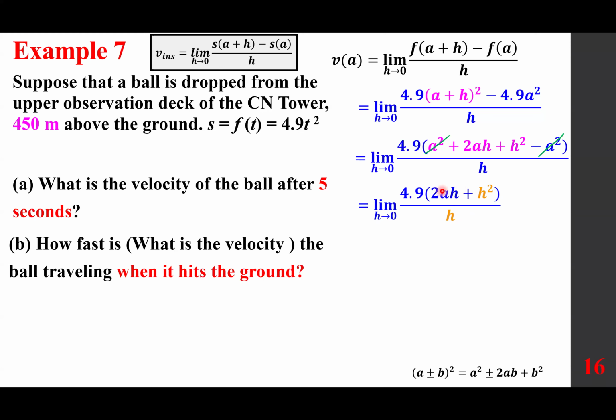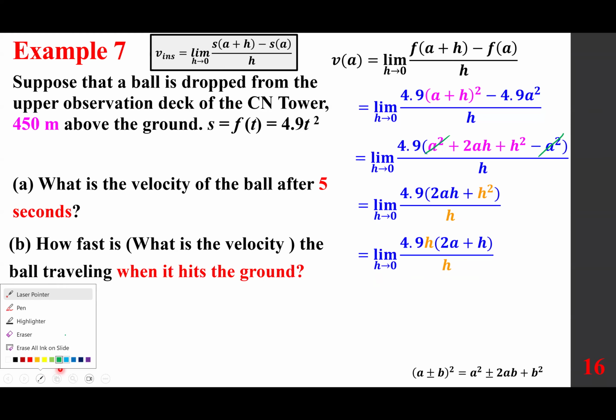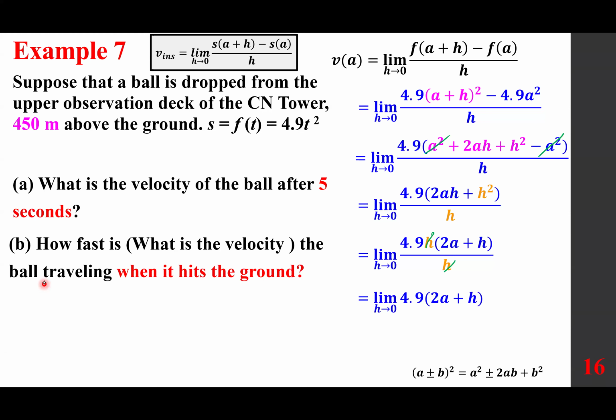If I take the h out, I get 4.9h times (2a plus h). The reason I factor the h out is so I can drop the common factor of h from the top and the bottom. So I get the limit of 4.9 times (2a plus h).